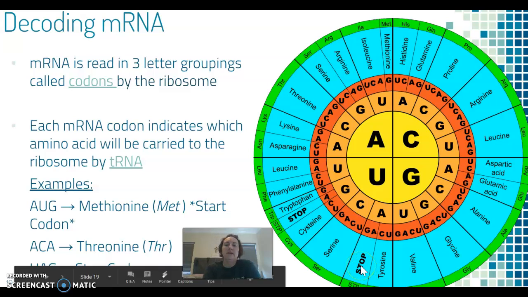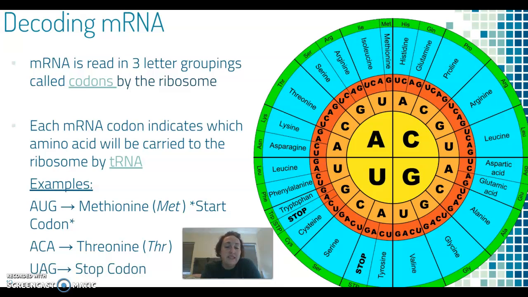What the stop means is it's not an actual amino acid. It signals to the ribosome that that's where the protein stops being read. So it always reads from the start, which is the methionine, until it reaches a stop codon. There are 3 different stop codons, and you'll notice that when you look through these.